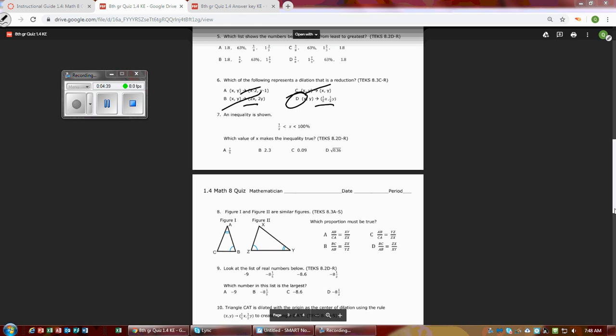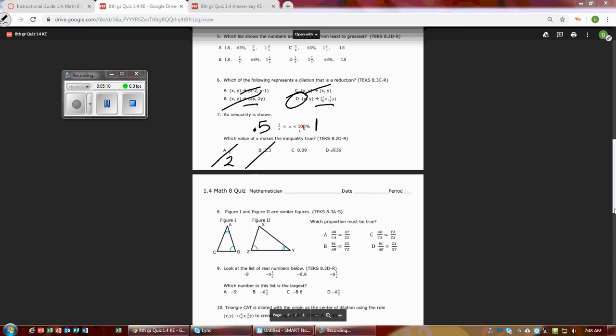So number 7, the inequality is shown. You have 1/2 is less than x, and x is less than 100%. So we're looking for a decimal that's between that. If I have a half, I know that is 0.5, and 100%, if I move the decimal 1, 2, that's just 1. So we're looking for a number between a half and 1. So looking at 1/5, I find the decimal form and I get 0.2. Well, 0.2 is outside of 0.5, so it's not going to work. 2.1, well, that's more than 1.